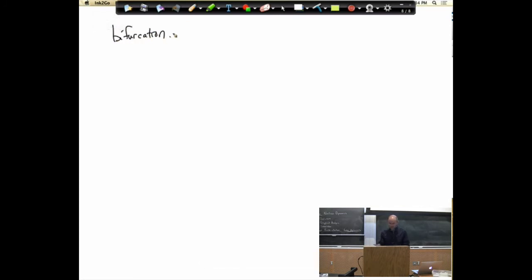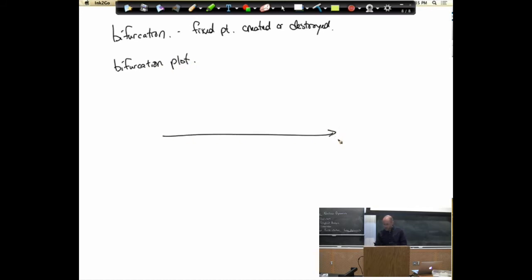The bifurcation is when a fixed point comes into existence or is destroyed, let's say. And a bifurcation plot for that system, for instance, would be a plot, let's say, over my parameter W. I can plot the location of the fixed points of the system.